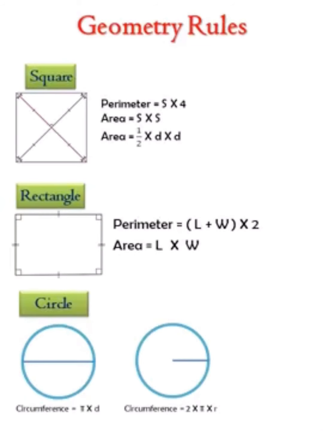Pi is a constant. We know that pi may be equal to 22 over 7 or 3.14. Circumference according to the radius: 2 pi r.